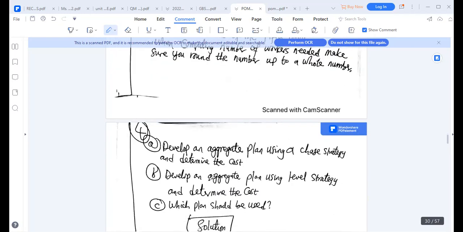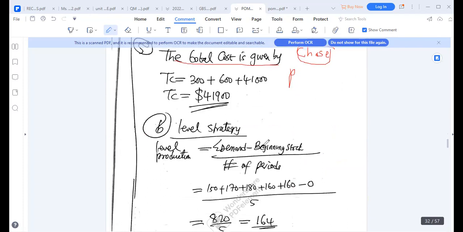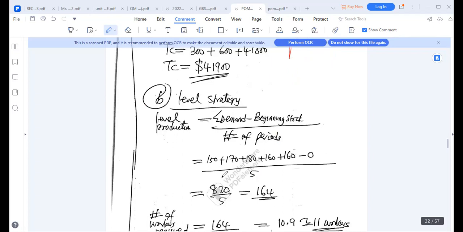So the formula for level strategy is the summation of demand minus beginning stock over the number of periods. So we add these figures, minus 0, divided by 5. So we're producing 164 units.